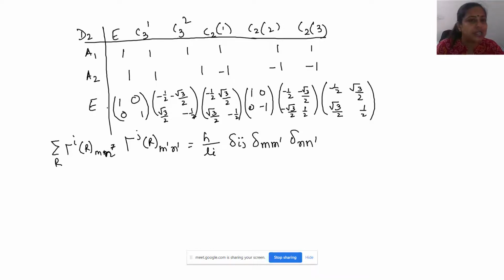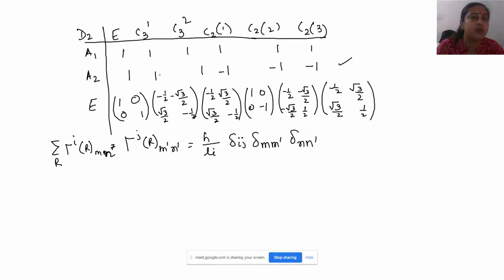So instead of writing the character, I have written down the matrix element because my great orthogonality theorem works on the matrix element. Now if I am considering the A2, so just first the A2, here i equal to j. As this is one-dimensional in nature, there is no question of the m prime and the n prime.